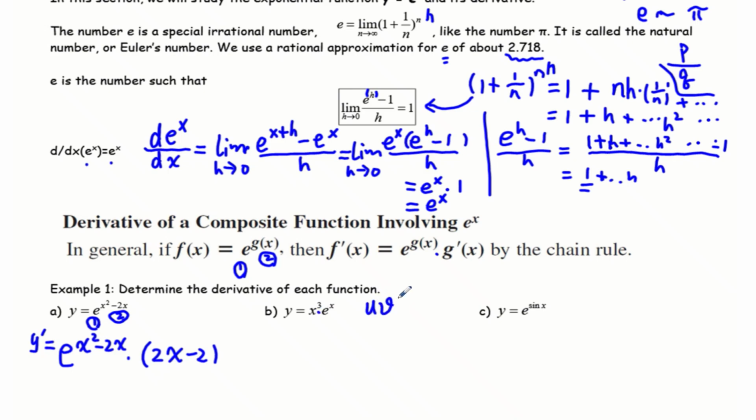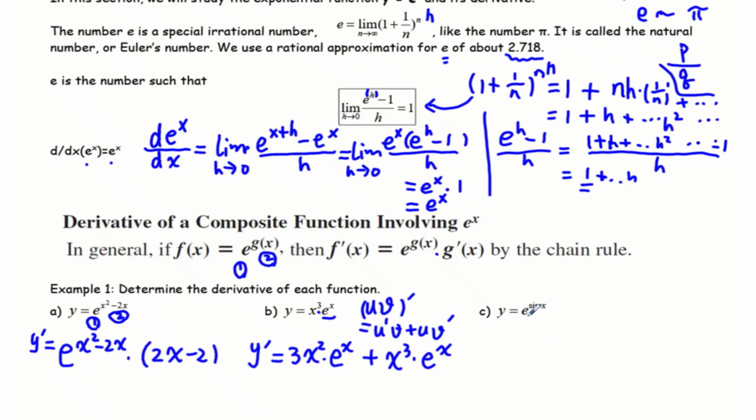For uv, the derivative is u prime v plus u v prime. So y prime equals x cubed is 3x squared. Then copy the v here, then plus x cubed, then times the second one, whose derivative is just itself.